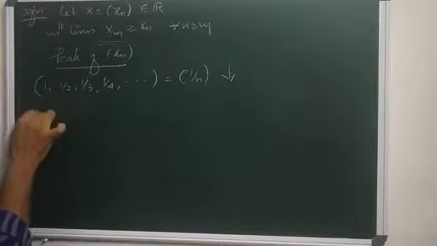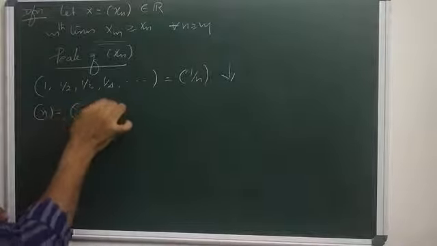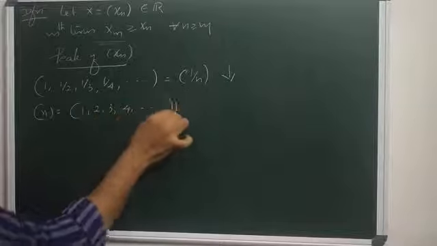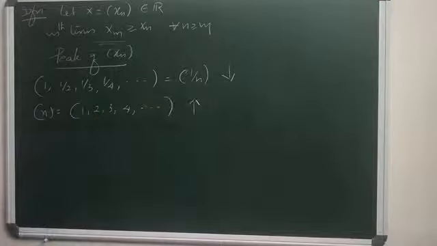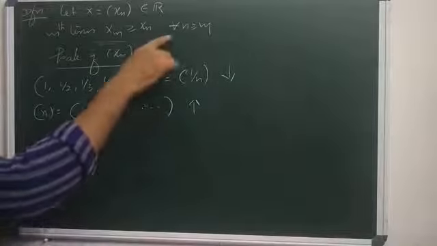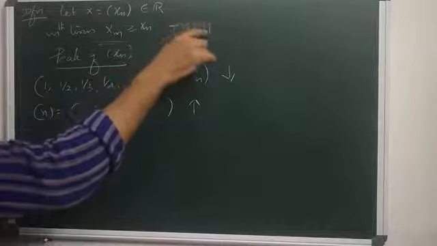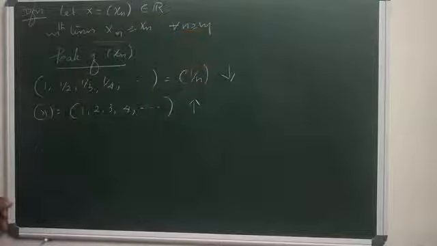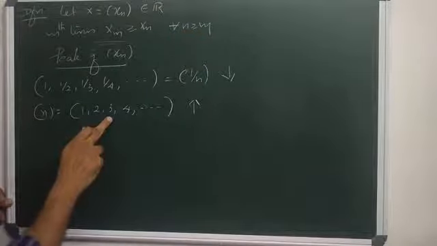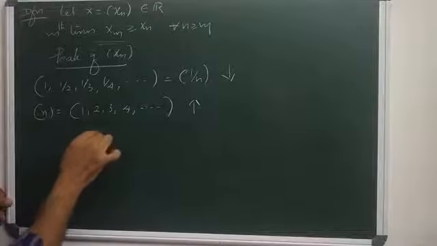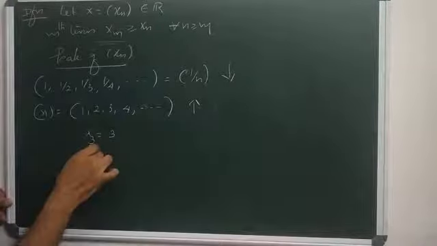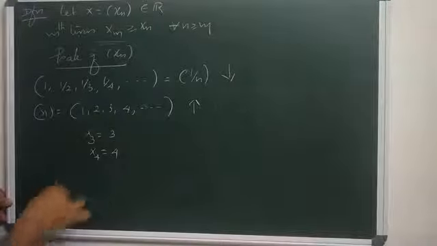Now consider another sequence, 1, 2, 3, 4, and so on. This is a strictly increasing sequence. In an increasing sequence, we cannot find a term xm such that xm is greater than or equal to xn for all n greater than or equal to m. There is no such term. Consider the third term, x3 equals 3, and the fourth term, x4 equals 4.